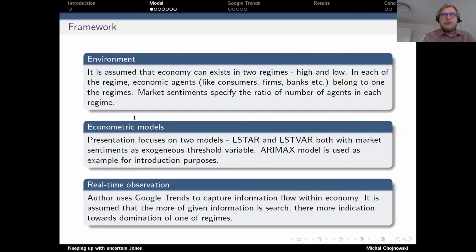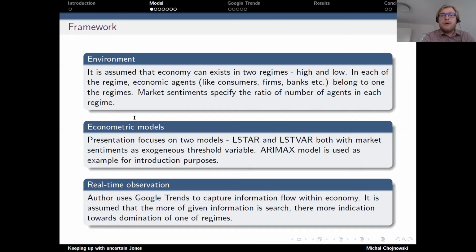What I will be using here is that there is the high regime, which indicates the person who is less risk averse, looking forward and eager to invest, and also the low regime, which represents the people who are a little bit scared. They are much more risk averse, and they do not tend to invest or make big consumption decisions for the future.